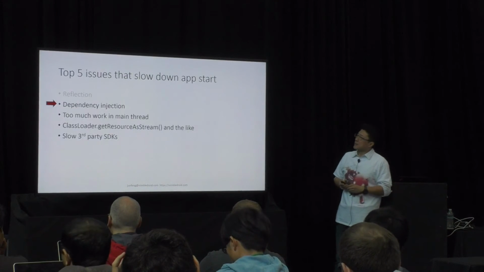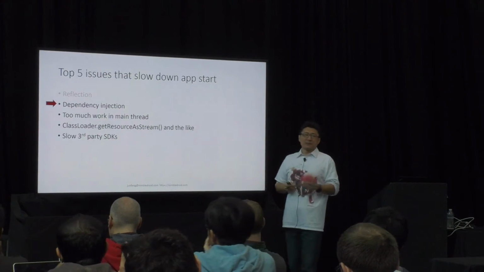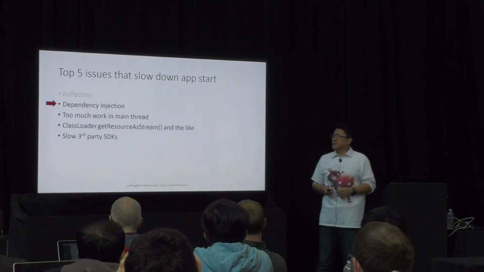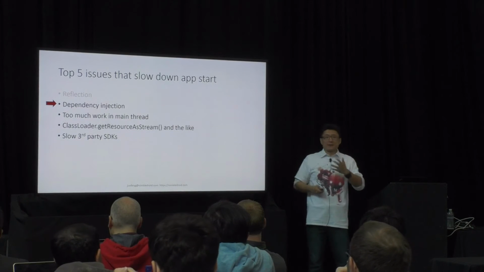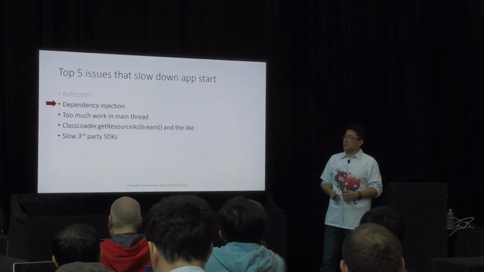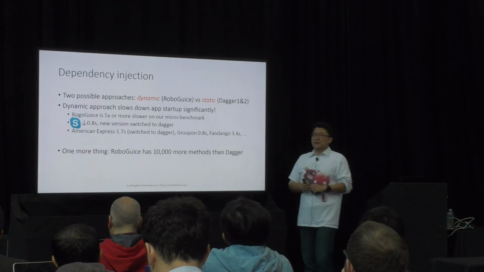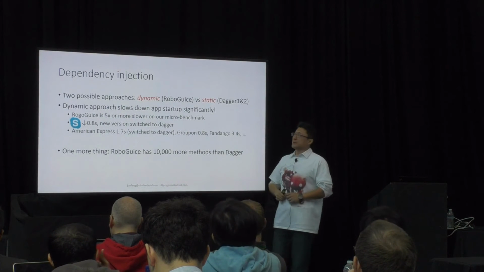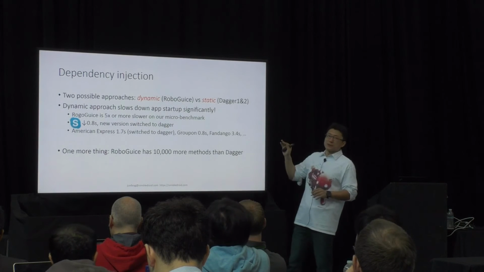Okay. So let's look at the second issue, dependency injection. It's a very popular software engineering pattern, and not just for Android, for Java, for a lot of object-oriented languages. But the problem is, on Android, certain approaches actually work really slowly. There are 2 popular ways to do dependency injection.